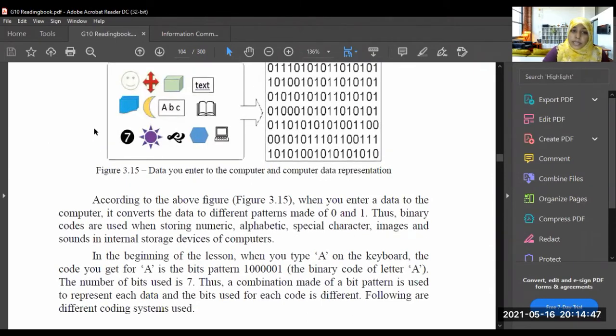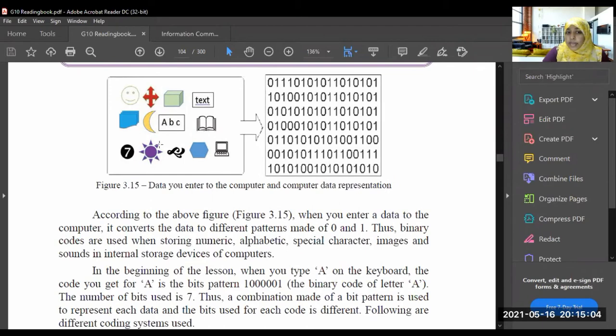When you are entering data like numbers, symbols, text, pictures, whatever, into the computer, these data are understandable by a human being.